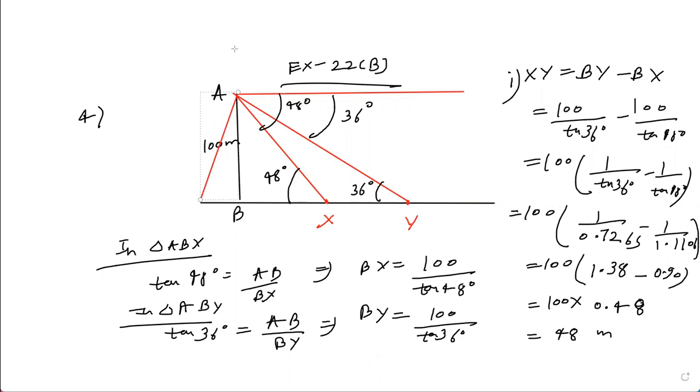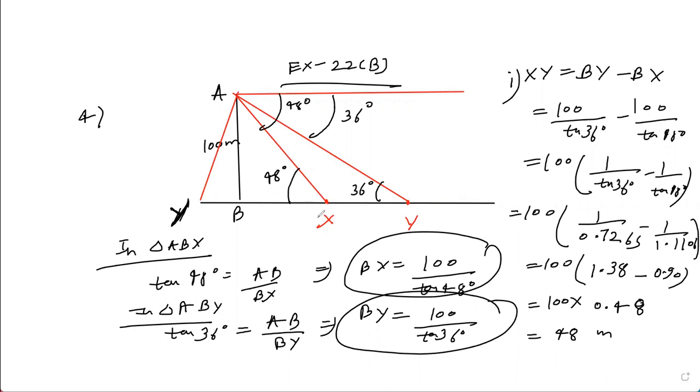So let me denote it or represent it as Y dash, or let's say it's Y only, so that we can use the same information that we have. So BX and BY, these values definitely are not going to change. The only change will be, now if this is my X and if this is my Y, then the distance between the ships is going to be sum of these two distances, right?